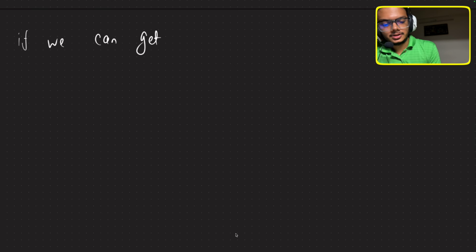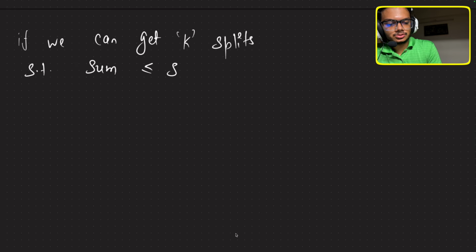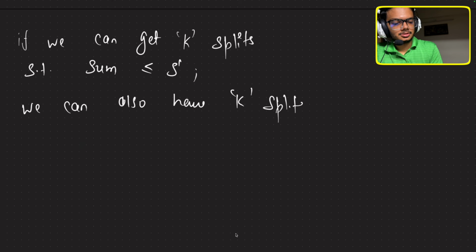One more important thing is, if we can get k parts, you can say k splits, that is, I can divide it into k parts such that the sum is less than or equal to some s dash, we can also have k splits such that for all sums greater than s dash.